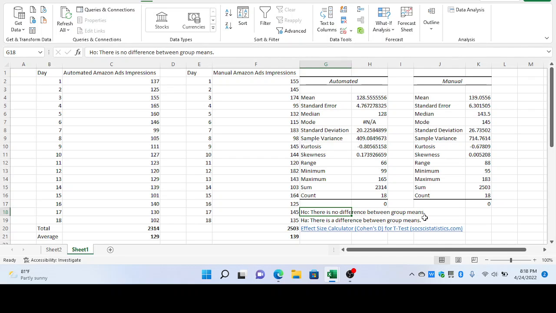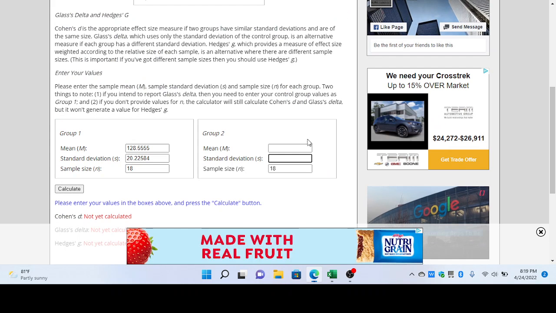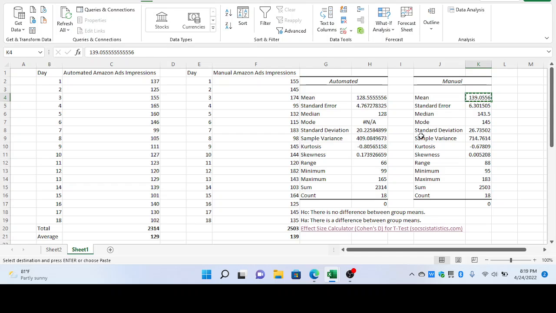One other thing you could look at either way is the effect, especially if you have a statistical difference. And we'll just do an effect size calculator really quick. And finally, our standard deviation.